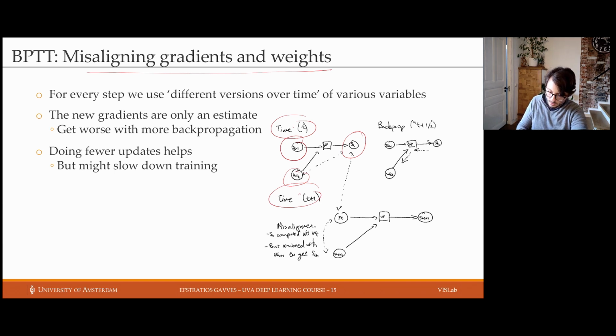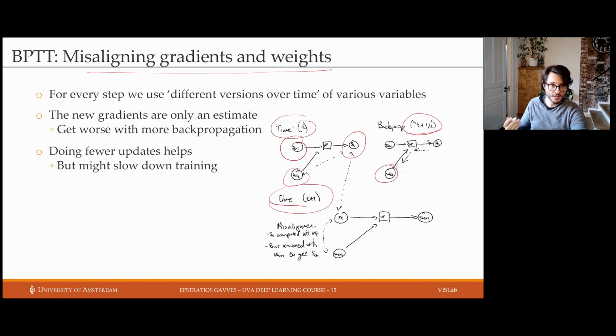Based on this forward propagation, we then perform, in a half step extra, a backward propagation, and we update our weights to be W_{t+1}.